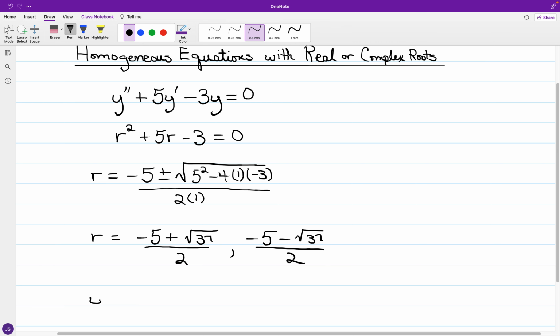In terms of how to express the solution for y, even though both of these are irrational roots, they're still real roots.